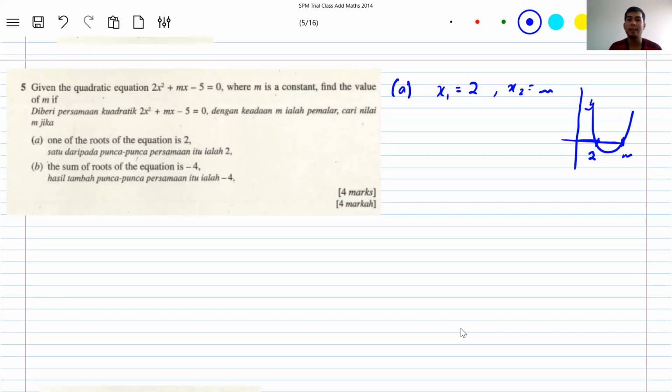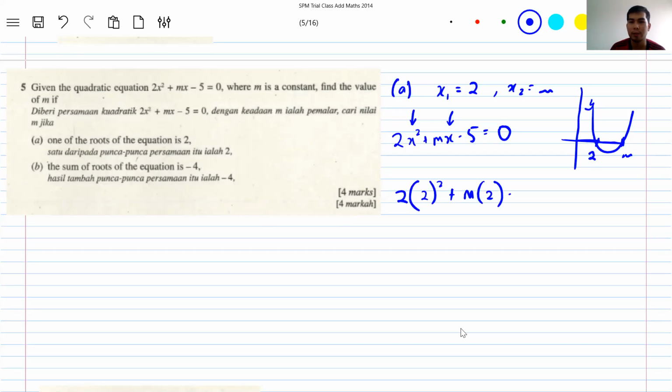So in this case, if the root is 2, we can take the function 2x squared plus mx minus 5, and if we substitute 2 into the x values, the answer would be 0. It is like that because it is the x-intercept. All you have to do is substitute the 2 into the x's. 2(2) squared plus m(2) minus 5 is equal to 0.